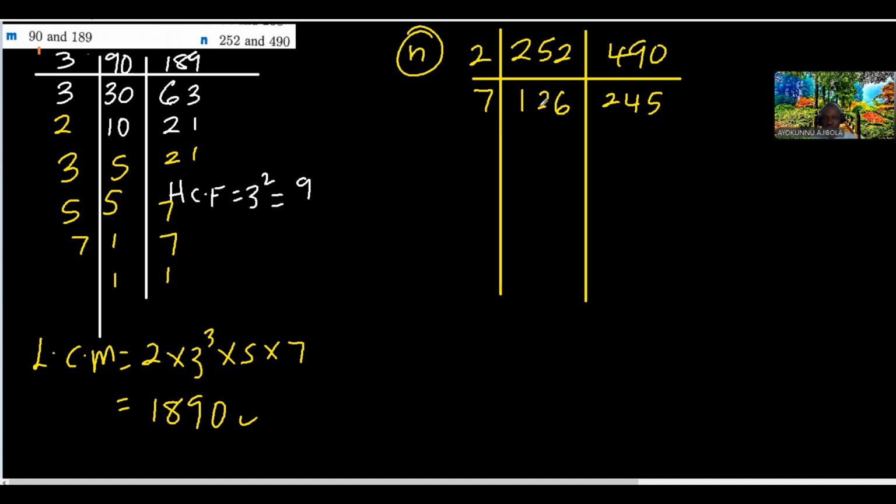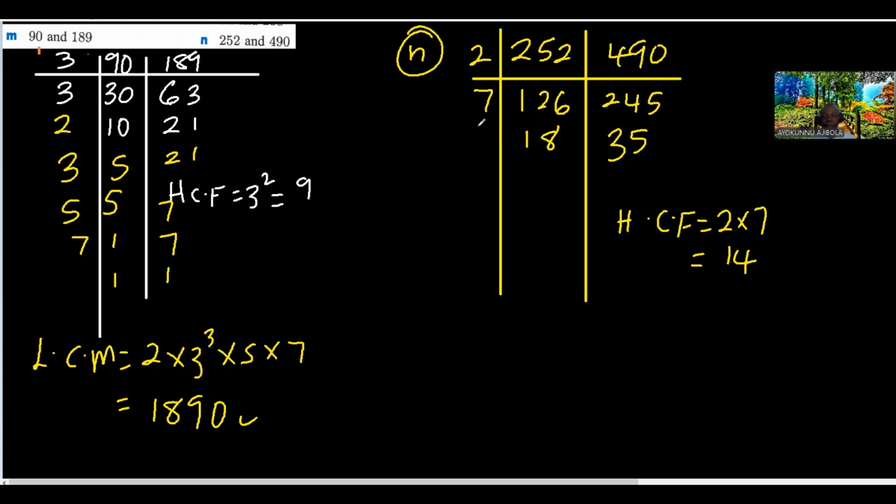So 7 in 12 is 1, remainder 5. 7 in 56 is 8. And 7 in 24 is 3, which is 21, remainder 3. 7 in 35 is 5. So with this, we can be sure that nothing divides them at the same time here. So the HCF is equal to 2 times 7, which is 14.